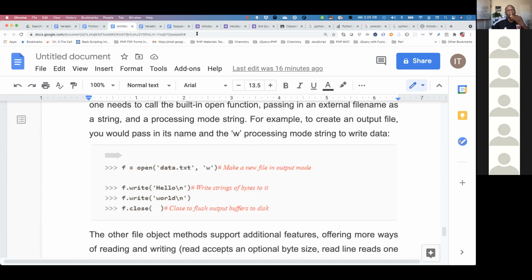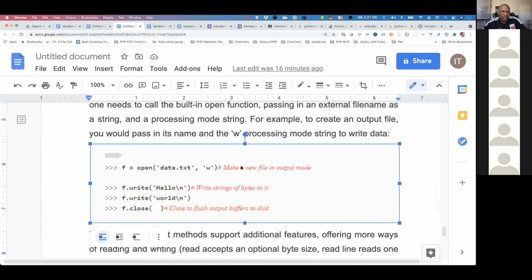Is it possible to combine the w with the r at the same time, or you have to specify one condition at a time? Why would you want to combine both? Remember, Alex, if you do, let's say, data.txt, and you want to write to it, you only want to do one operation.